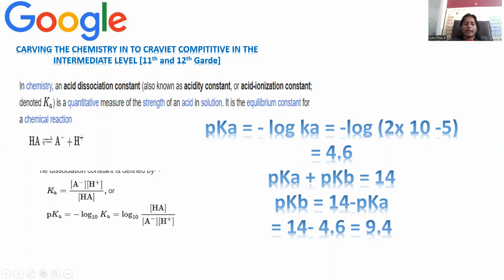Okay. So here Ka value is given by concentration of anion into concentration of cation by concentration of salt. This is the way we can calculate. So now we have to go for the equation pKa. pKa is equal to negative logarithm of Ka.